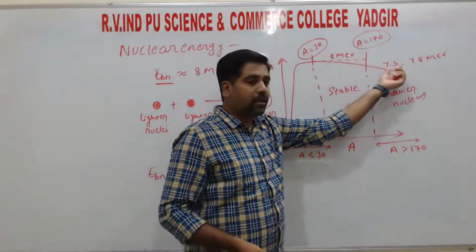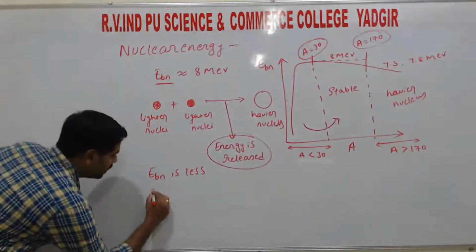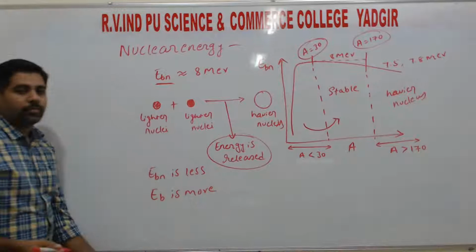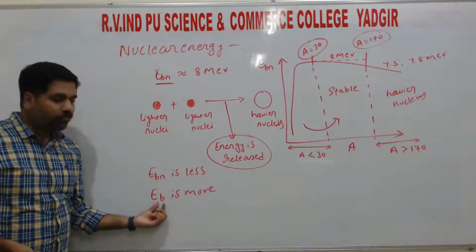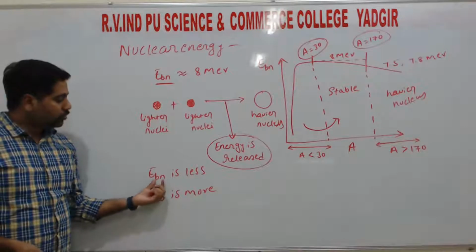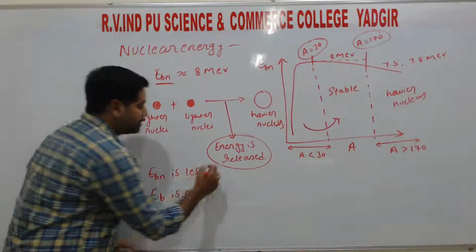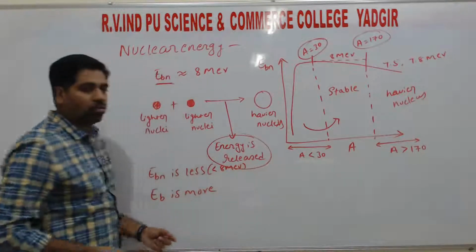That means here the binding energy of the nucleus is more, that means EB is more. So there is a difference between binding energy per nucleon and the binding energy, right? So in the second case, EBN is comparatively less, almost less than 8 mega electron volt, right?